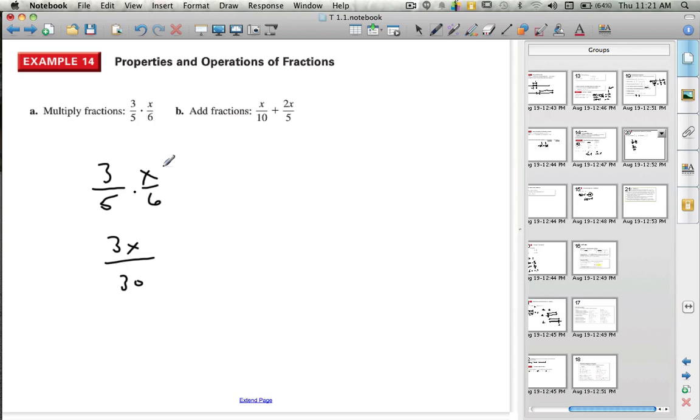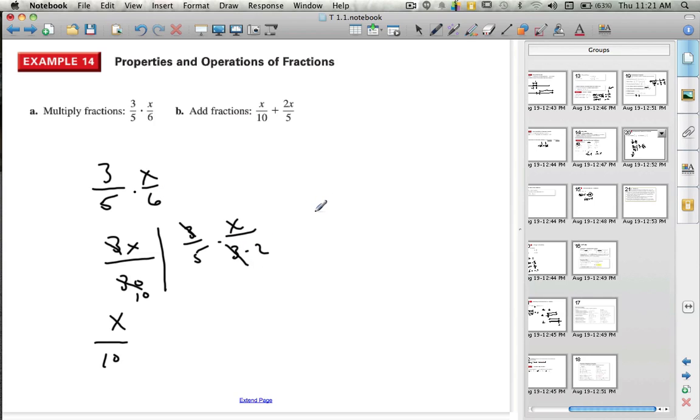But in reality, what I would always suggest is that you simplify before you multiply. I know that 3 goes into 30 and leaves 10. This is x over 10. But if I simplify first, if I say this is 3/5 times x over 3 times 2, now 3 and 2 are factors of 6, and I can cancel factors.